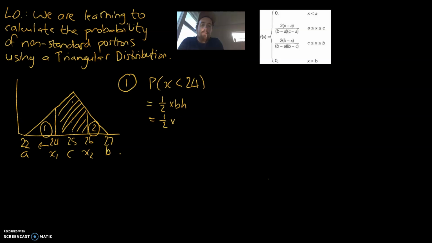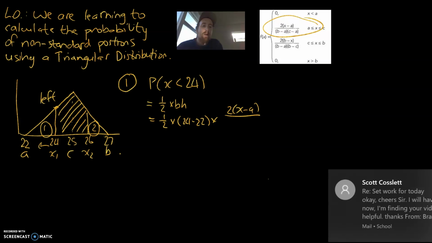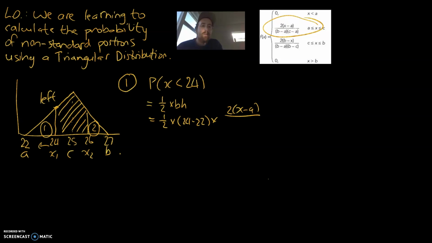That's 1/2 times the base, which is 24 minus 22, multiplied by our left slope height, which is in the formula sheet above, and I've circled that. So that's 2 times x minus a, divided by b minus a and c minus a as well.